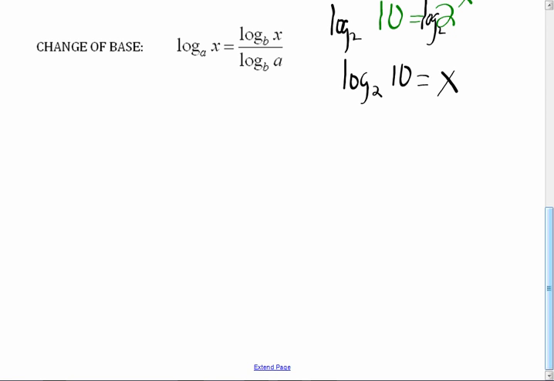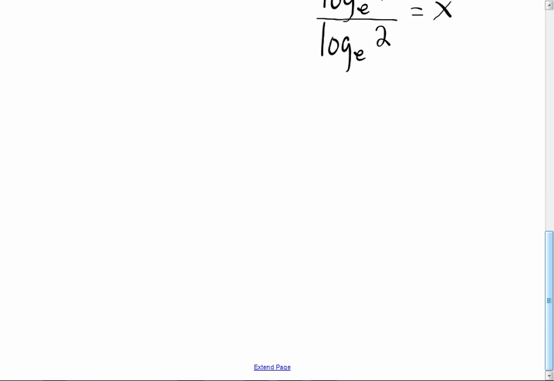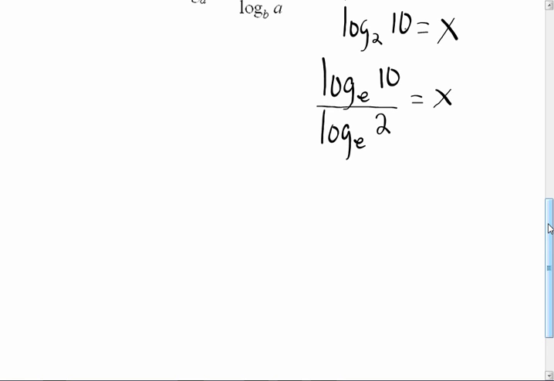So I could write this log base E of this number, which is 10, over log base E of 2. Well, we don't write log base E, do we? We write what? ln. So it's the natural log of 10 over the natural log of 2.